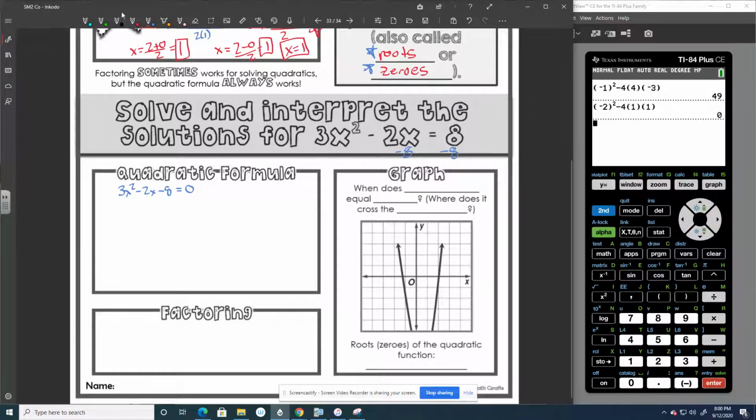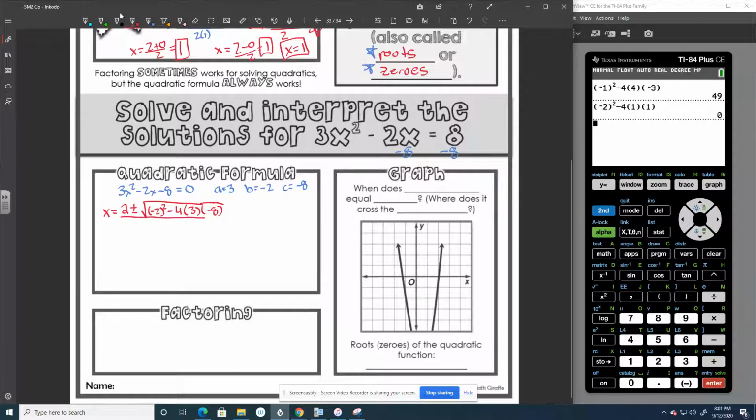So the quadratic formula tells me that A is equal to 3, B is equal to -2, and C is equal to -8. Be really careful not to mess up those signs. So my quadratic formula: the opposite of B, so instead of -2, I'm going to put +2, plus or minus the square root of b squared, so negative 2 squared, minus 4 multiplied by a, which is 3, multiplied by c, which is negative 8.